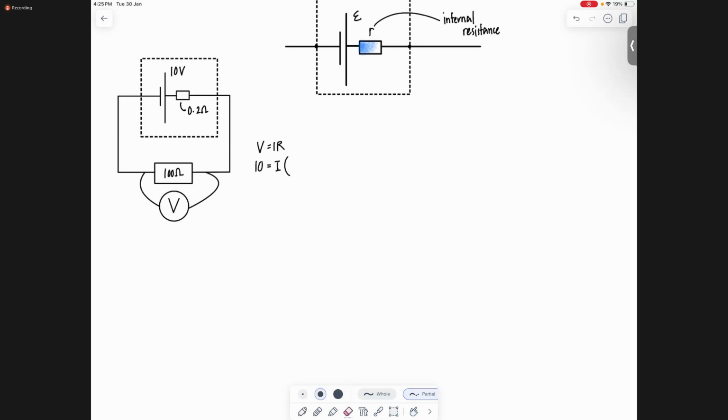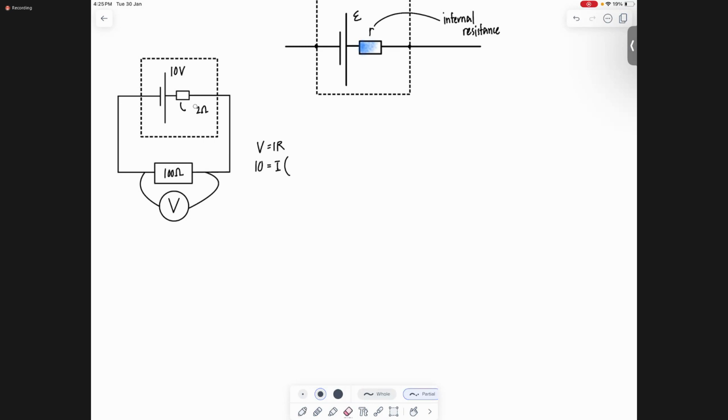So the total resistance is 100.2 ohms. This is the current in the circuit: 10 divided by 100.2, 0.0998 ampere. So to find the voltage here, finally, V equal IR is going to be how much?